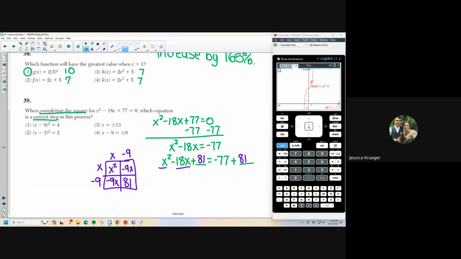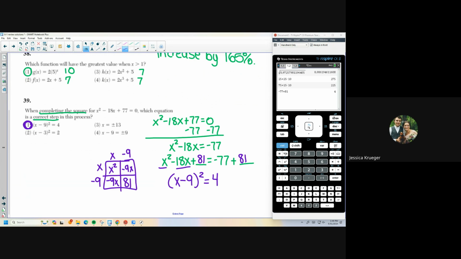None of these so far look like the answers I've got up here. The left side factors into x minus 9 squared, and negative 77 plus 81, I believe, is 4. Does that show up anywhere yet? Oop, it does. Here's a correct step in the process.